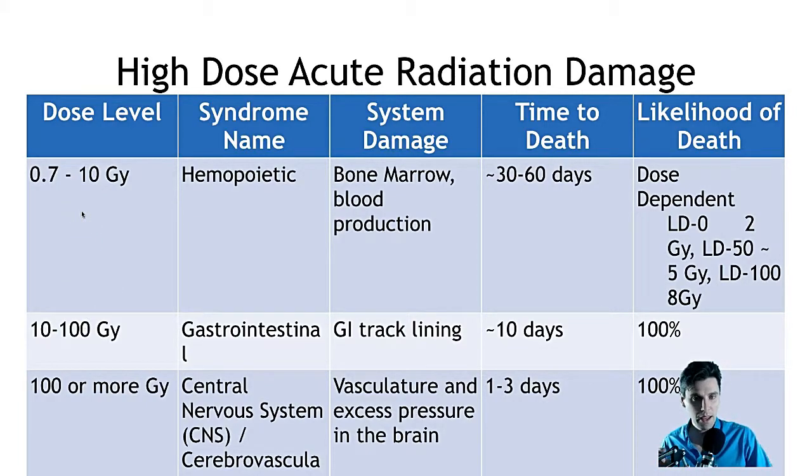The issue, again, is that in the bone marrow case, we're not able to make blood products. In the GI case, the lining of the gut is not able to be replenished. And in the CNS or cerebrovascular case, there's too much fluid accumulated within the brain. And the time course, in the bone marrow case, is 30 to 60 days.